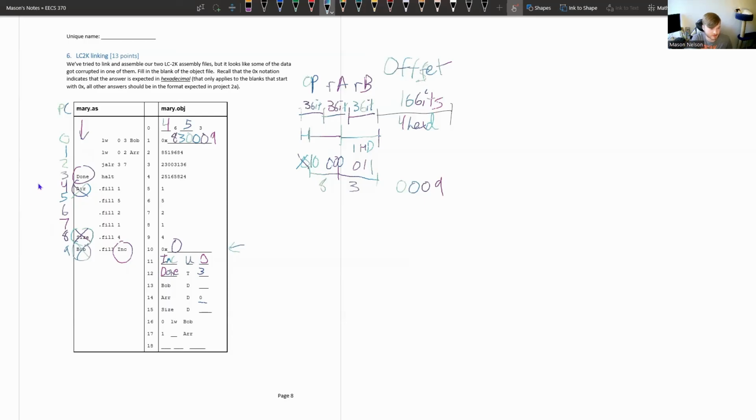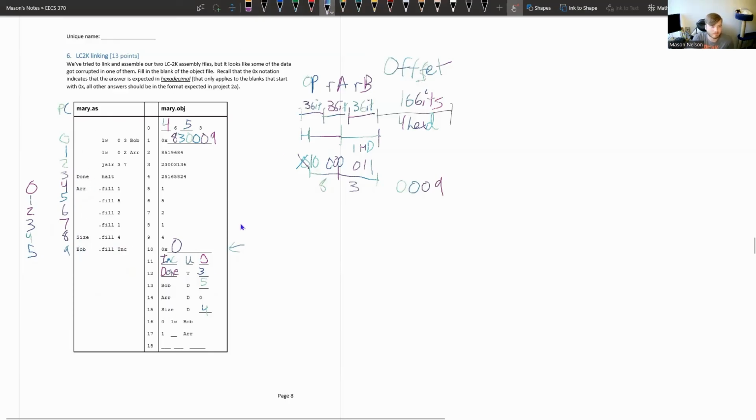So array is going to have 0, address 0 offset from the start of the data section. And we would have 1, 2, 3, 4, and 5. So Bob is on data section element number 5. And size is at data section element number 4. And so that's why we will have a 5 and a 4 for these.